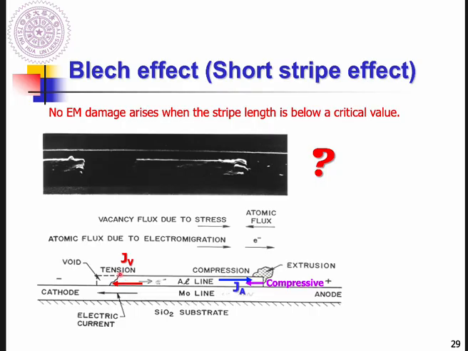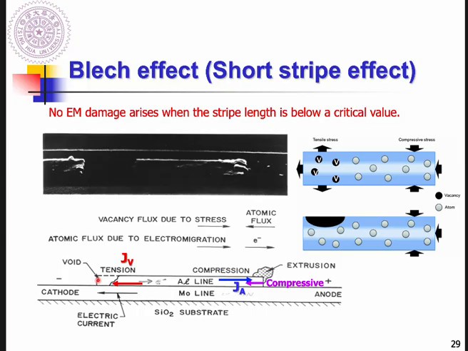Compared to this region, the void formation part can be considered as a tension region. So on this aluminum line, we have a compressive region and a tensile region, which we call the electrical stress. This is a typical stress field acting on these materials.